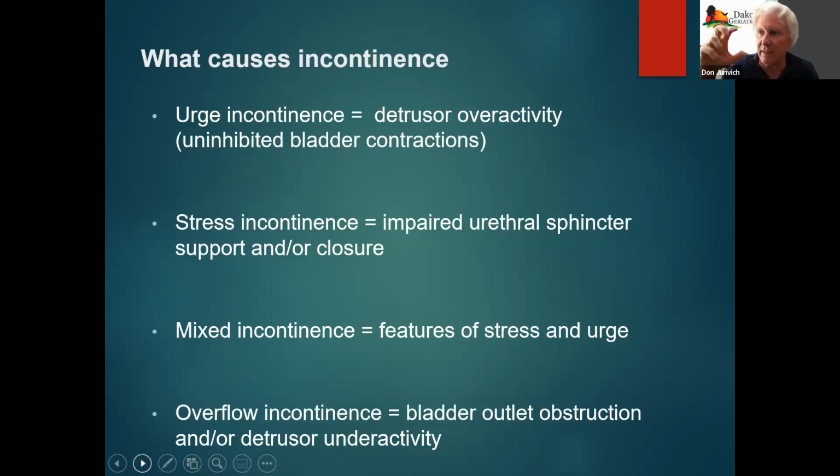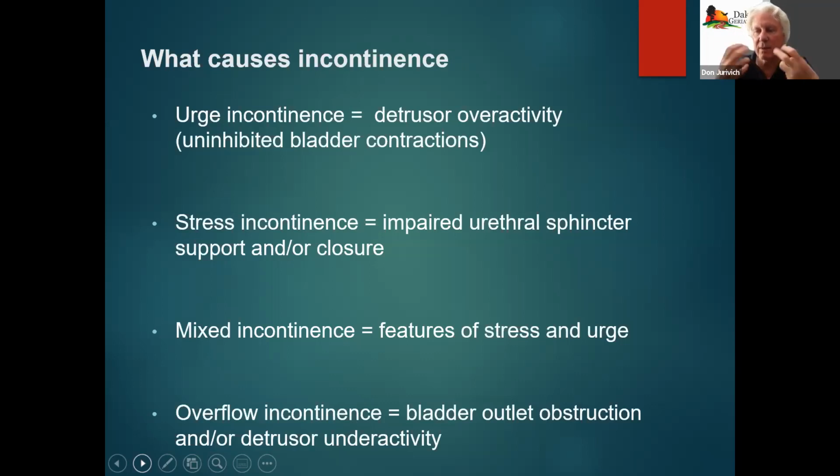And then mixed incontinence is really both. You get these undulating bladder contractions, and then you have an incompetent urethral sphincter, and between the two, you get a combination of both stress and urge incontinence. And then finally, there's overflow incontinence, where the bladder becomes flaccid.